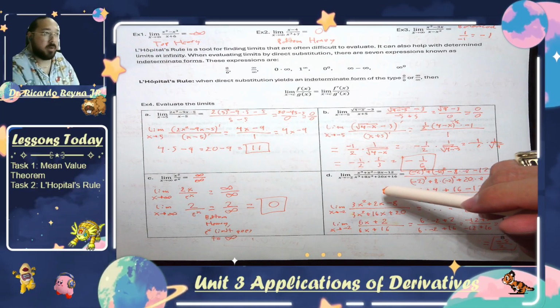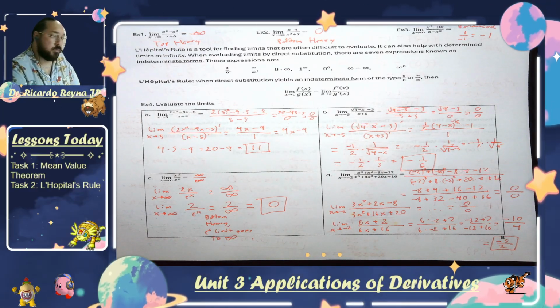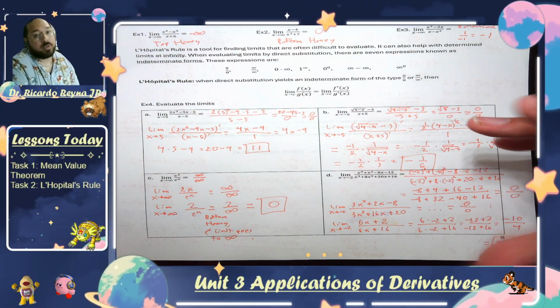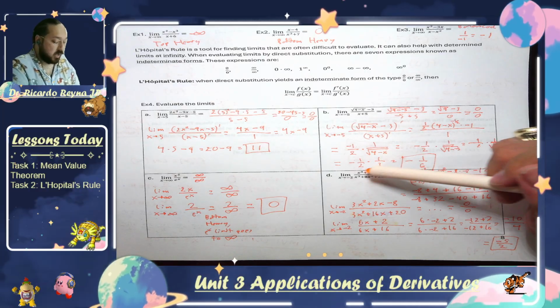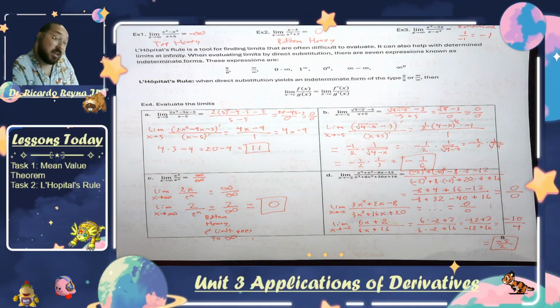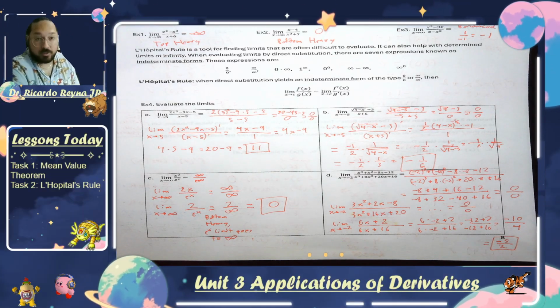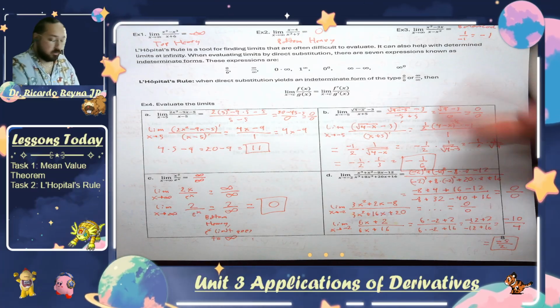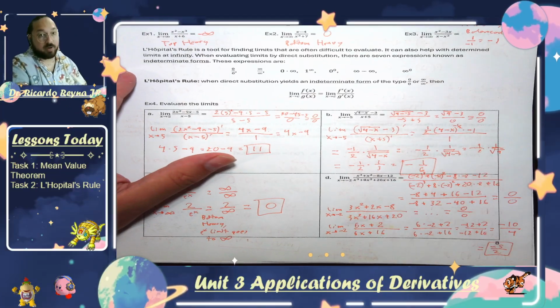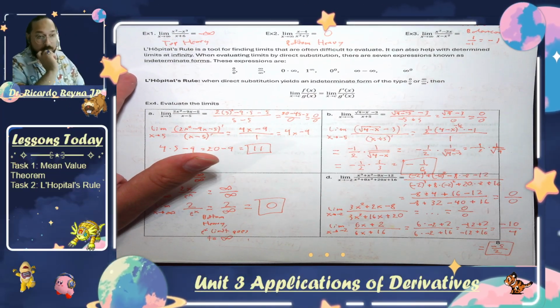If I had given you this problem before this unit, you would have had to factor all these and cancel out the common factors, which is a valid approach, but it's time consuming. This, although lengthy, is not really time consuming. It's just a lot of writing, which is not the same as time.